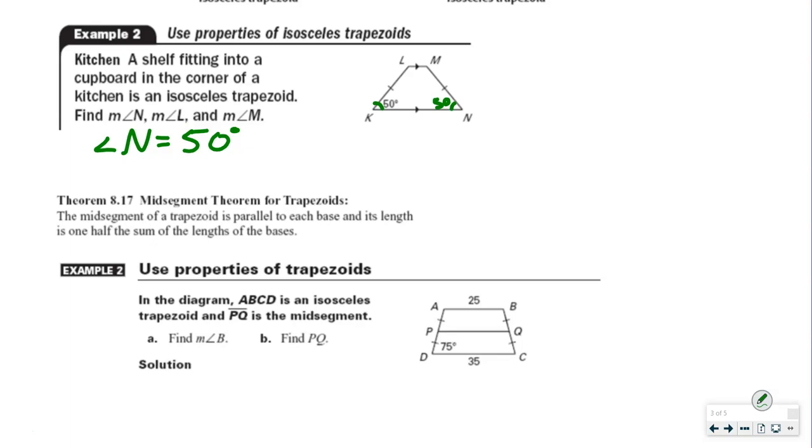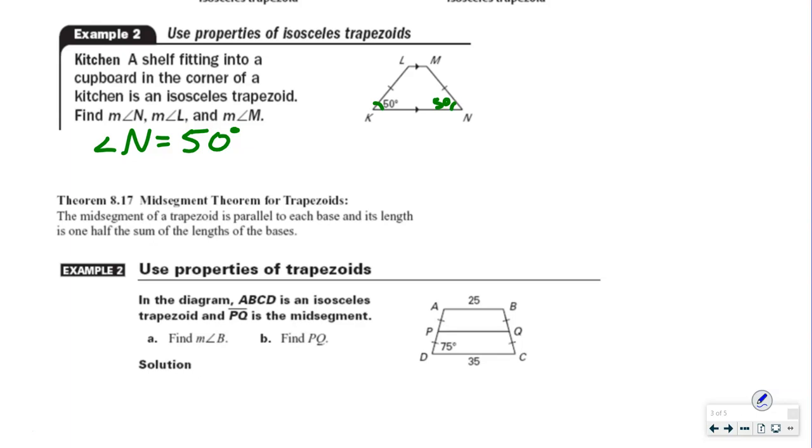But then angle L and angle M are clearly different angles. Like you can look at the picture and tell, all right, if K and N are 50 degrees, those are two acute angles. Looking up at L and M, they both look like obtuse angles. That's because they are. M is supplementary to N. Notice they are consecutive angles.